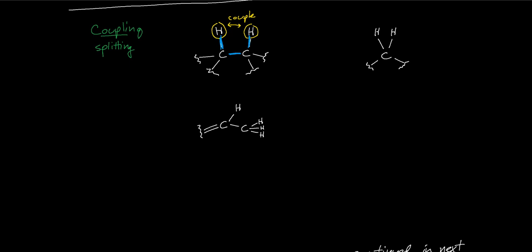The effect of coupling, if we call this hydrogen A and hydrogen B, say you get a 1 hydrogen signal for hydrogen A, and a 1 hydrogen signal somewhere else for hydrogen B. We're assuming that they're not equivalent, and so they're at different places in the spectrum. If A and B couple each other, the coupling leads to splitting.